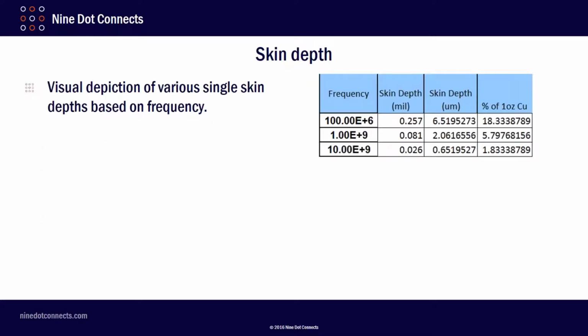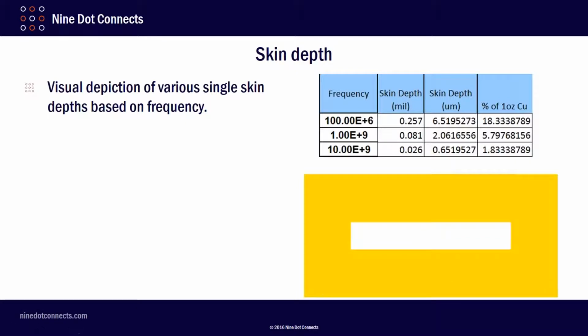So when we talk about skin depths, let's give some numbers to it. What I want to do is give you a visual depiction of various single skin depths based on frequency. If this was a side view of a microstrip piece of copper, at DC, we would all agree that the electrons are evenly dispersed through the copper.